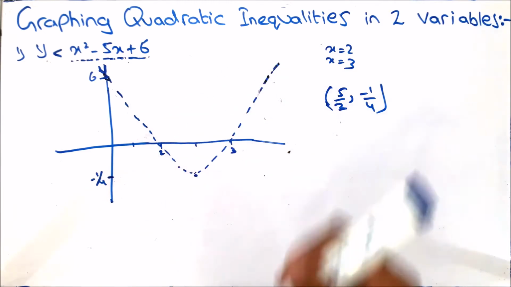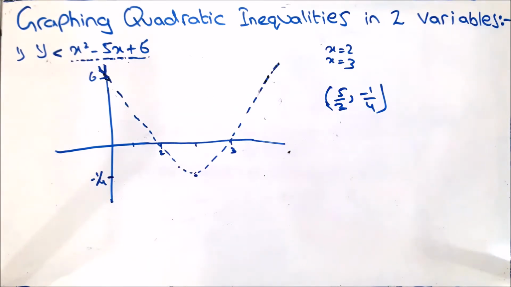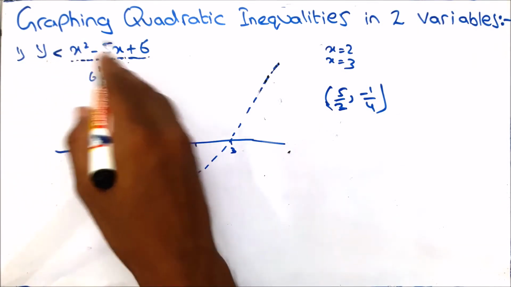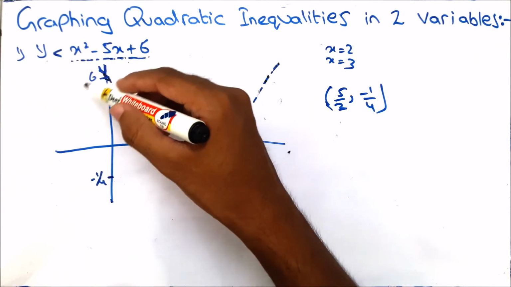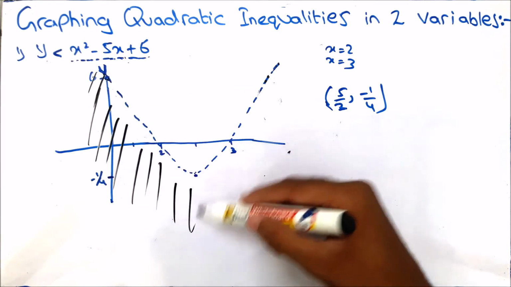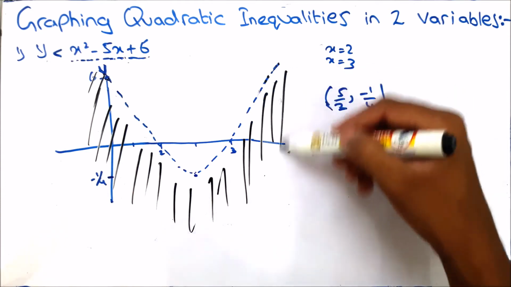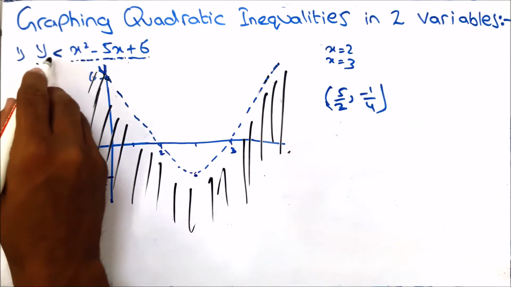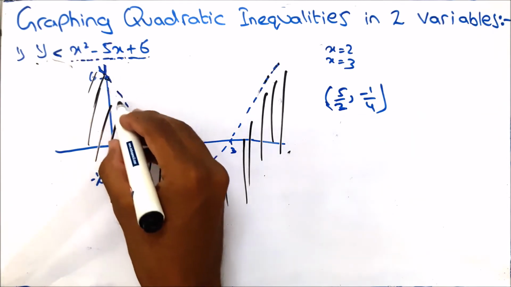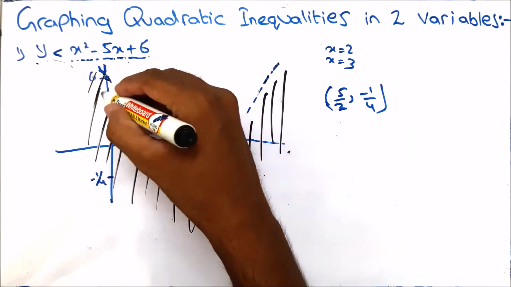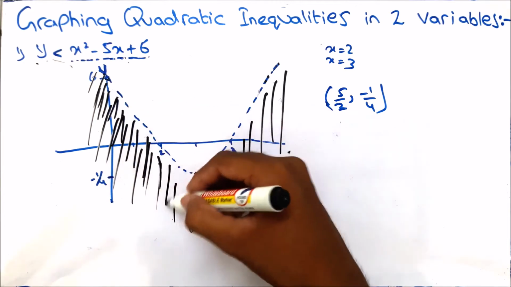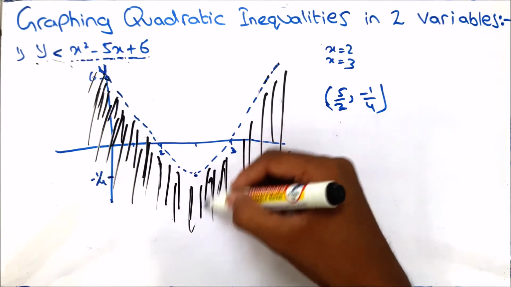Now we need the region where y is less than this curve, so we'll shade all the region below it. You see that we do not have the equal to sign over here right now, so we won't include the region where this dotted curve is. We just shade close to it, but we won't include it.